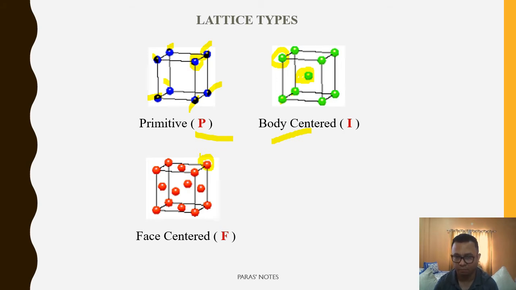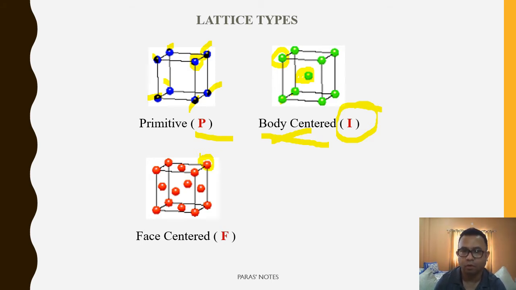So in addition to the 8 particles, if you have one more particle present there in the middle of the body, that is why the name is body centered, and usually we represent this by the symbol I. Again, I am repeating: only 8 corners in primitive, but here in addition to the 8 corners you also have one particle in the middle, and that is why we call this a body centered unit cell.